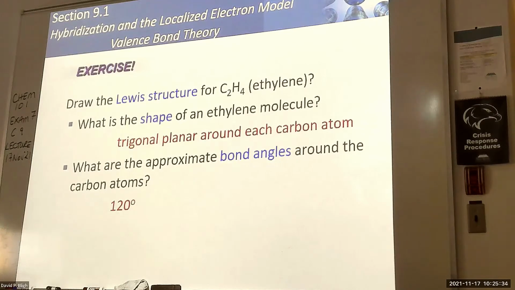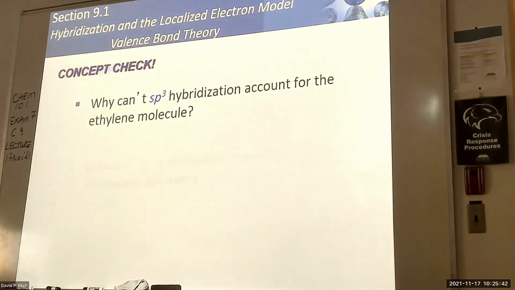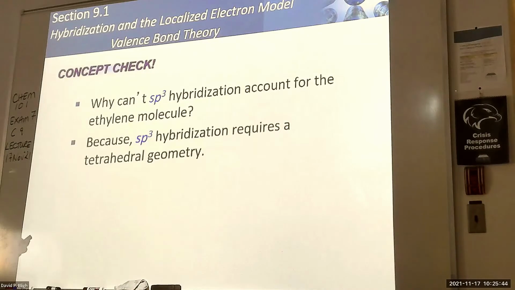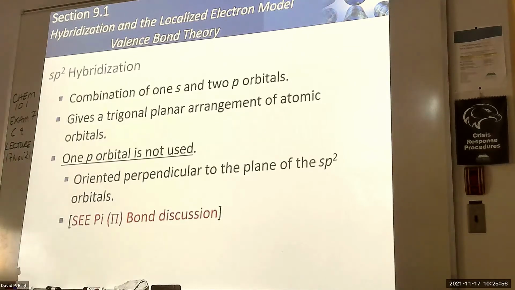And the bond angle is 120 degrees because it's an equilateral triangle. Okay. So we don't need sp3 hybridization because sp3 would give us a tetrahedron. And VSEPR says it's trigonal planar. So we only need 3 equivalent orbitals. So that's when we go to sp2 hybridization.